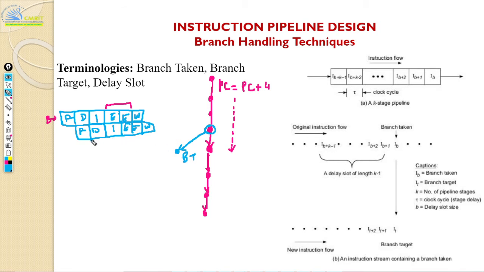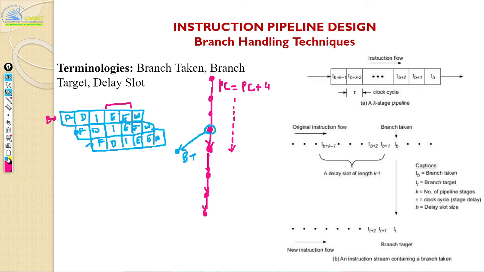By this time you would have already filled your pipeline with PC equals PC plus 4, because you have done your prefetch, correct? Your prefetch would have done PC equals PC plus 4. Now this is your next instruction, PC plus 4, and this is your PC plus 8. So these are all the sequential part.